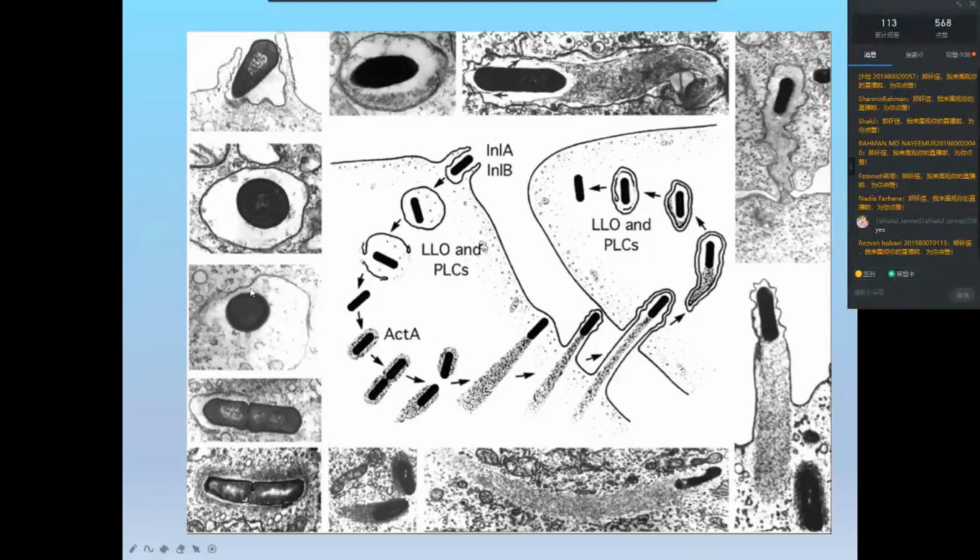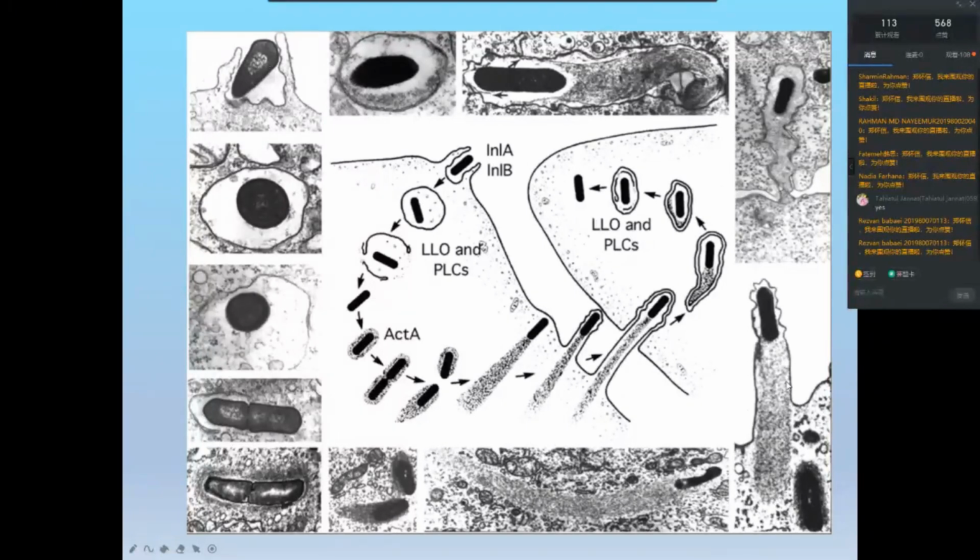And once the Listeria is inside the cell, first they hide the actin around them. They form a coat of actin surrounding them, and then gradually the actin can form a tail behind the bacteria. Then the tail can grow longer and push the bacteria to move, like this one.